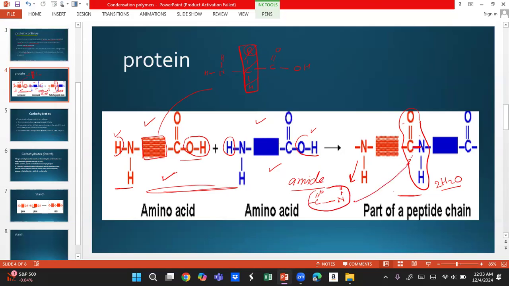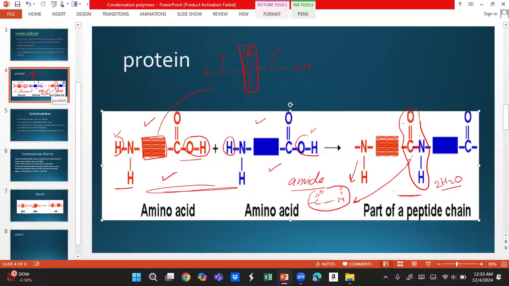It is already drawn here as well. This linkage is known as the amide linkage. I have shown you only a small segment of a protein molecule. As I told you earlier, there are thousands of amino acids in one protein molecule. And the formation of a protein molecule is a condensation reaction because water is released as a byproduct.